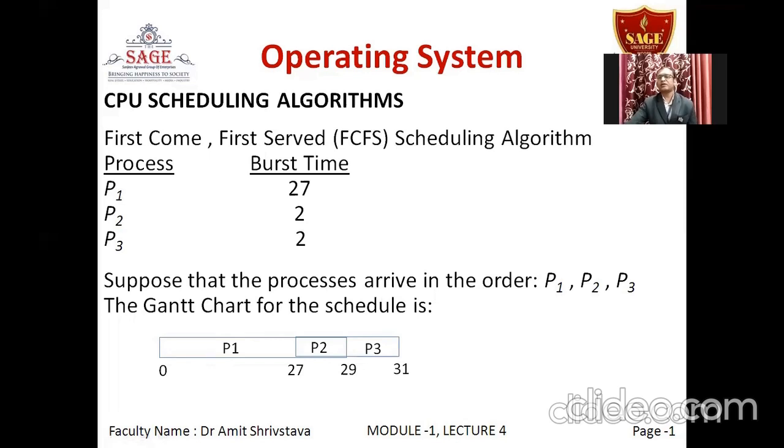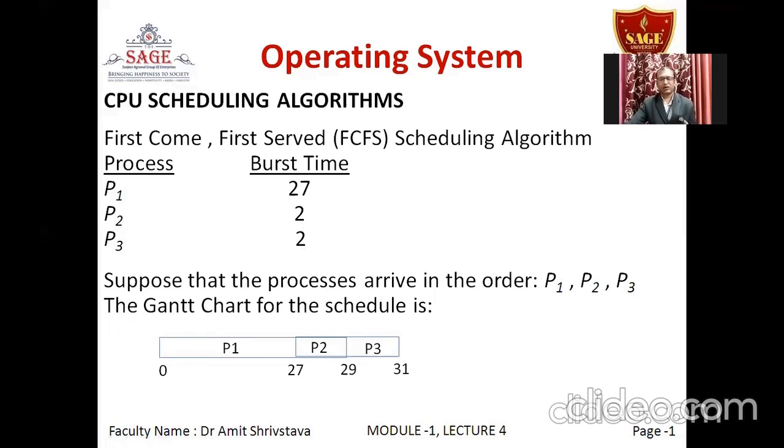So it is obvious that P1 is a CPU bound process. CPU bound processes have more statements related to CPU, and they require more CPU time. And P2 and P3 are IO bound processes, right? Because their CPU burst time is very less.